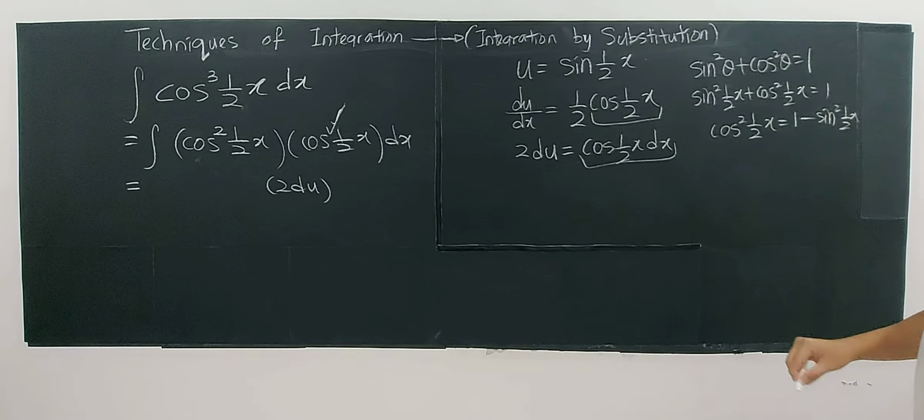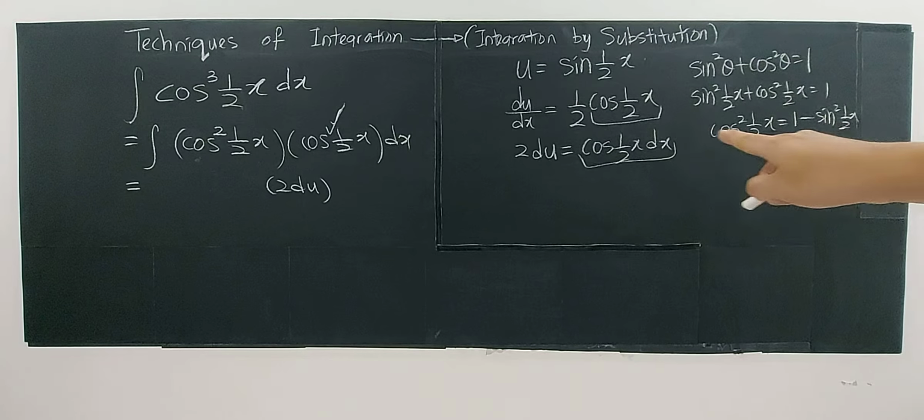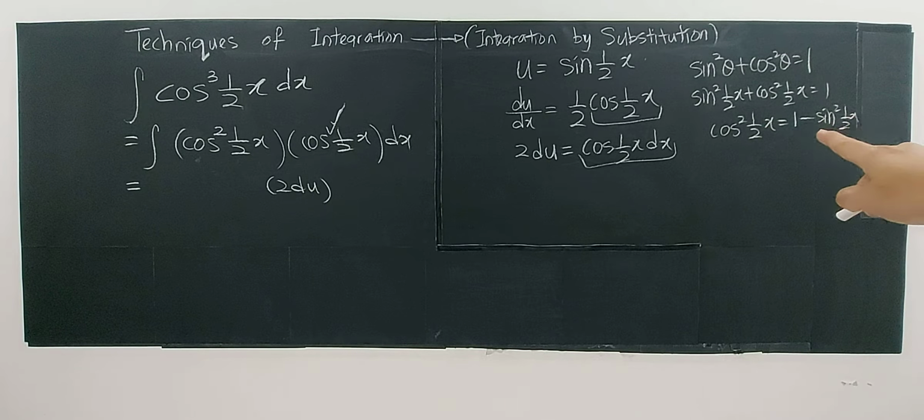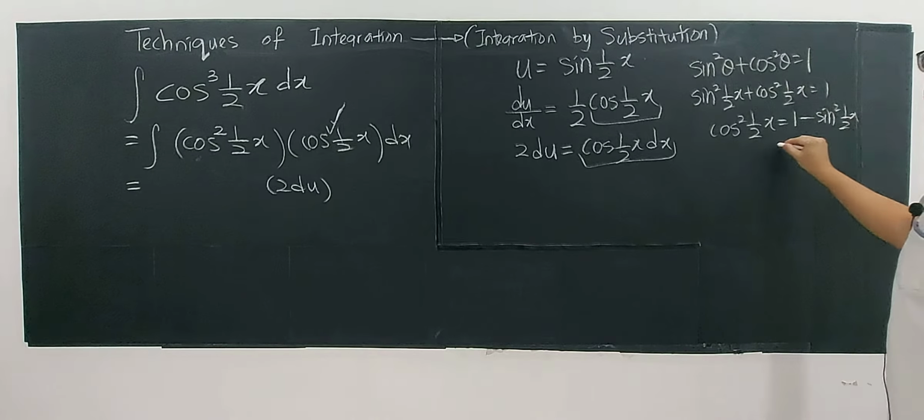Then you see that sine half x is u, so you can convert this into 1 minus u to the power of 2, and replace it exactly inside here. Now you can see everything in terms of u. This is the proper way of doing integration by substitution.